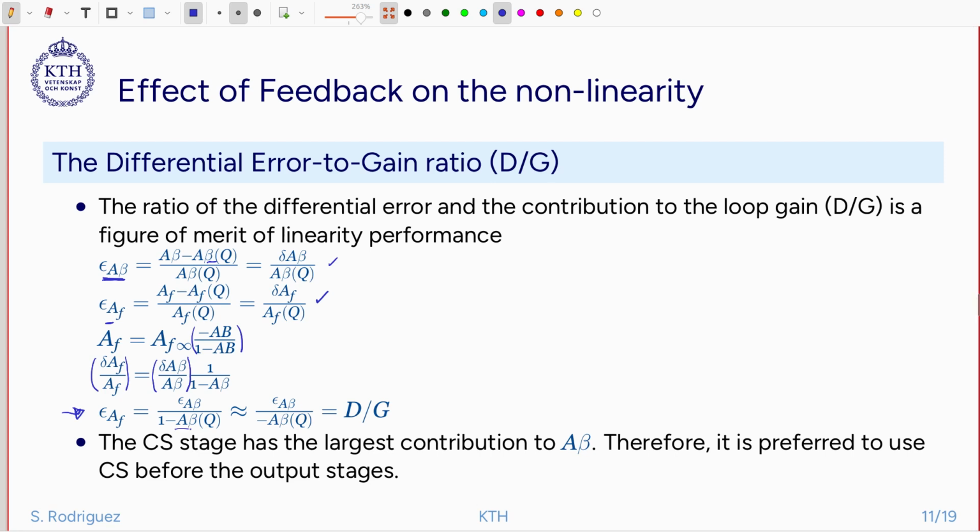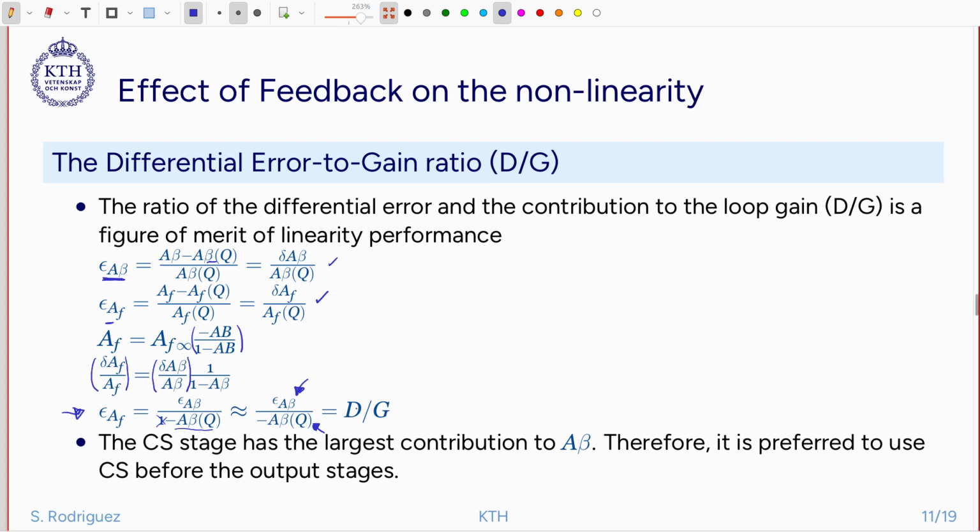Typically this is very large, so in most cases we can just forget this one, and then it happens that the differential error, we call it D, is basically divided by the total loop gain. We can consider this a figure of merit. This is the error that will produce the distortion, the nonlinearity, and the loop gain, on the other hand, is going to damp this error, this nonlinearity.